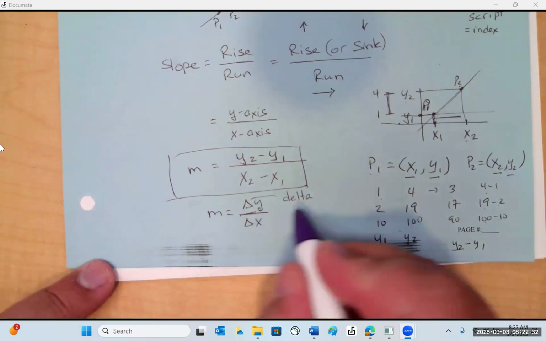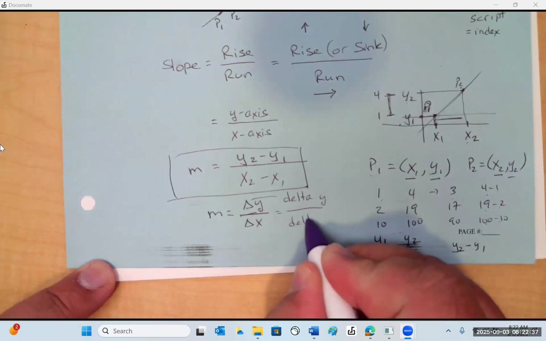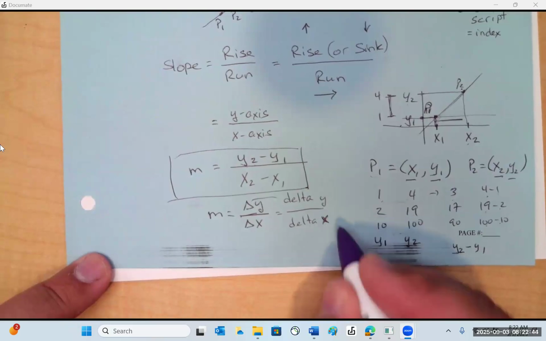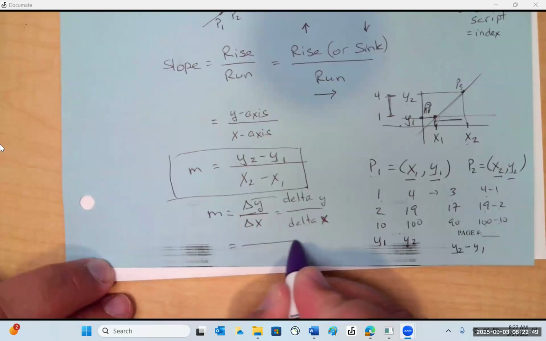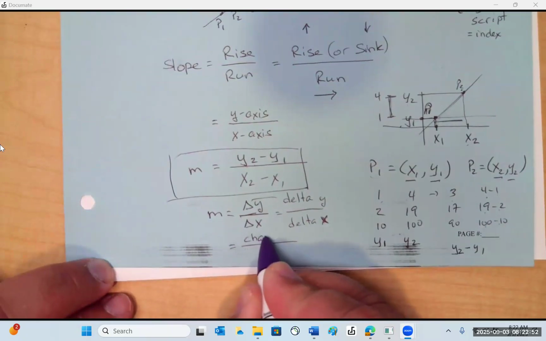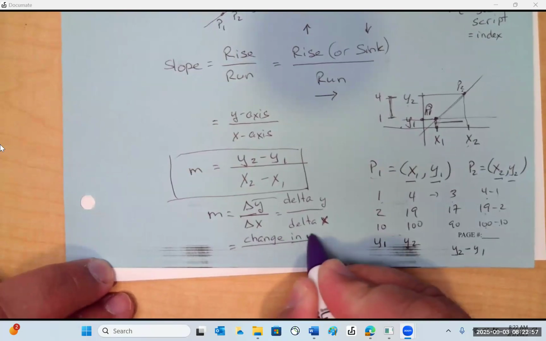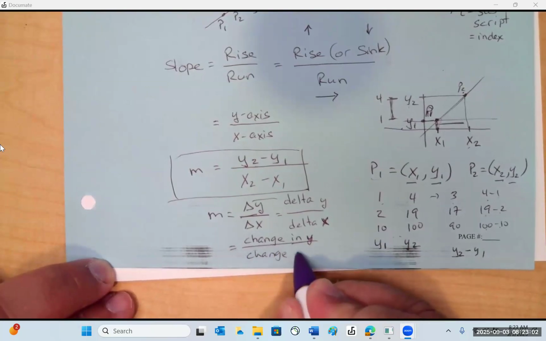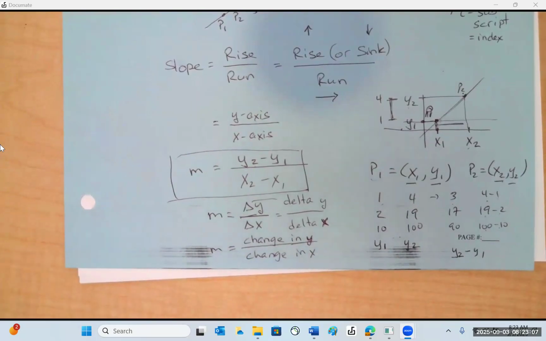So the way you would read this is delta y over delta x. Delta represents change: the change in y over the change in x. All of those mean the same thing.